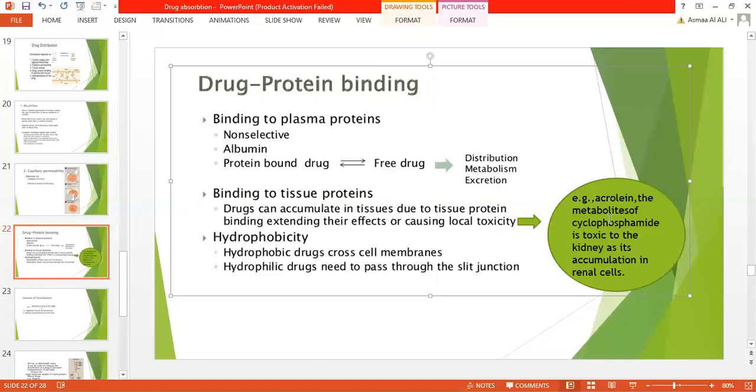For example, acrolein, the metabolite of cyclophosphamide, is toxic to the kidney because of its accumulation in renal cells. Hydrophobicity: hydrophobic drugs can cross the cell membrane, while hydrophilic drugs need to pass through the slit junction.